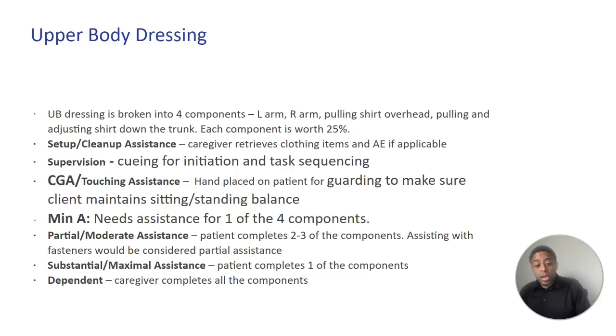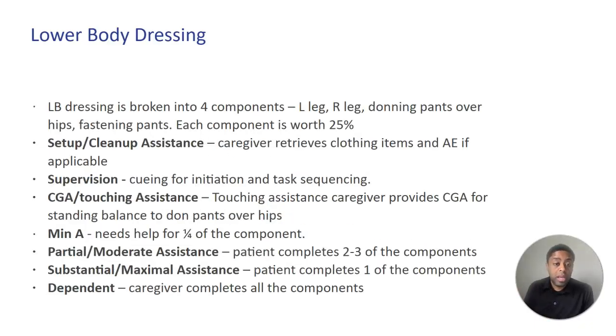If they're able to thread their arm, over the right arm or the left arm, let's say, but they need help with the rest of the components, that would be max assist. If they need assistance with all of those components, then that would be dependent.